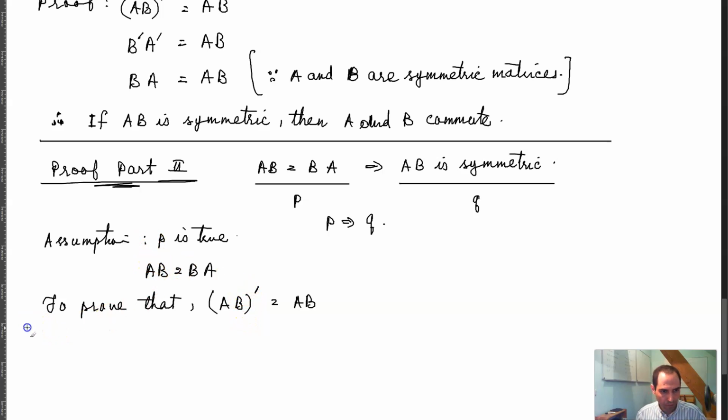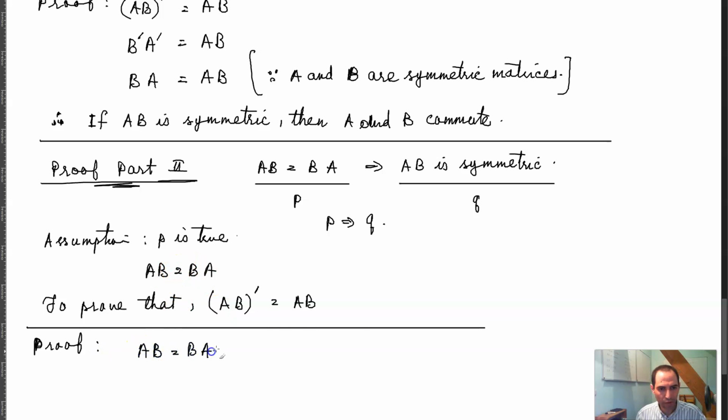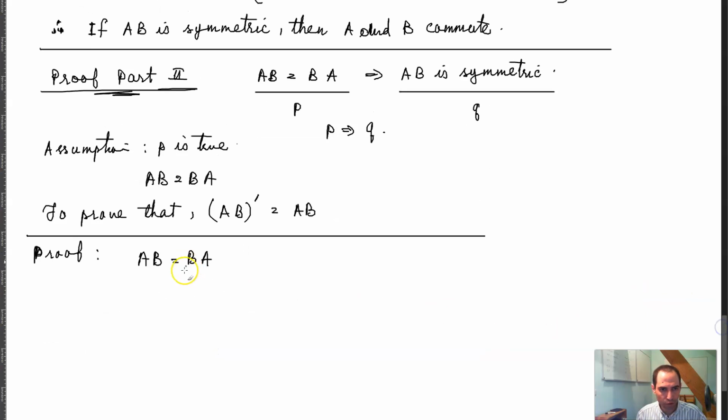So now the proof is as follows. The assumption is AB is equal to BA, and if I take the transpose of both sides of this equation, I will get AB whole transpose is equal to BA whole transpose.